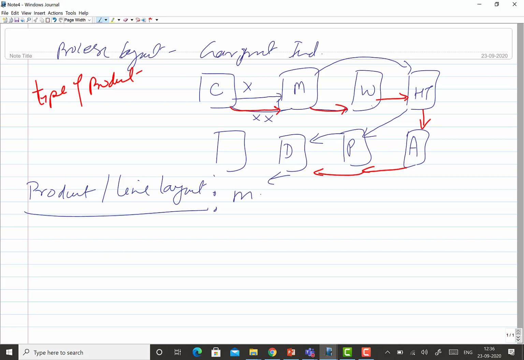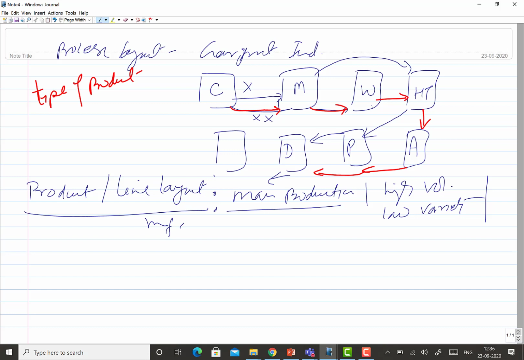This is primarily used for mass production purposes, so high volume and low variety kind of products are manufactured. Primarily this is used in manufacturing and also in assembly. It is used in both manufacturing as well as assembly setups, like bicycle assembly, car assembly, aircraft assembly.